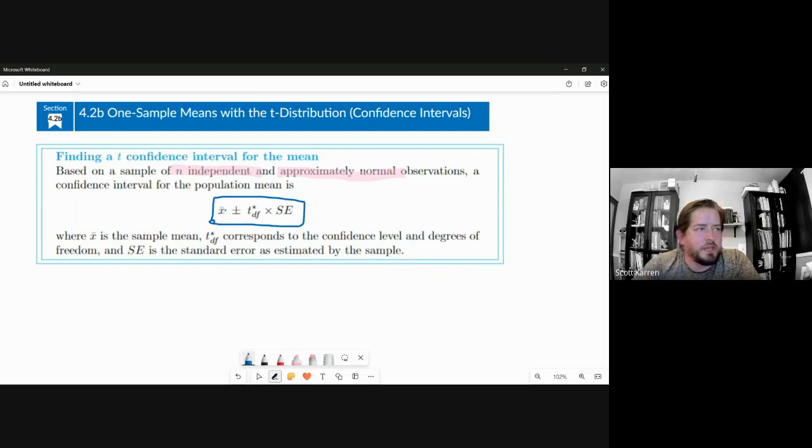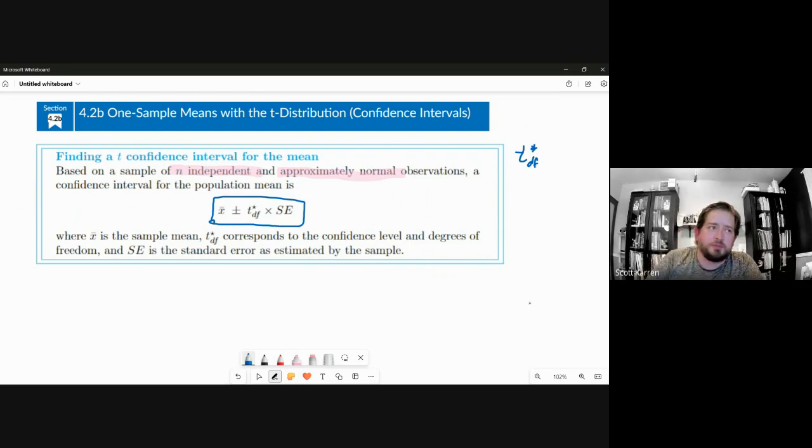It's the sample mean, that x bar, plus or minus the t star df. Like the z star, it's that critical value that we were looking up at the chart, based on df, the degrees of freedom.